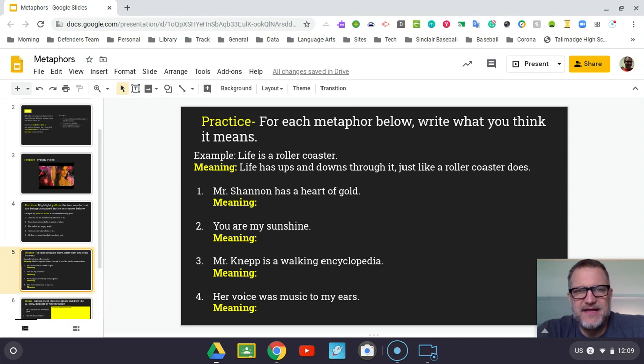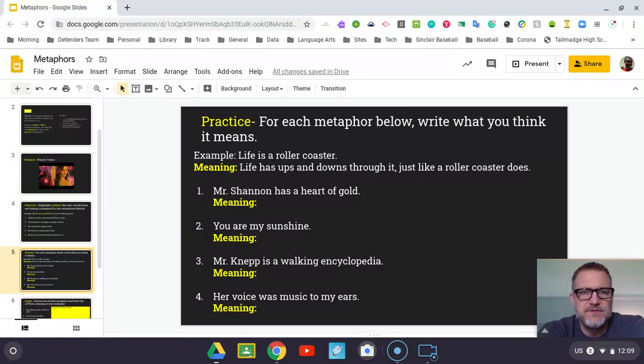This time, instead of highlighting what is being compared, we want you to say what you think the sentence means. For example, life is a roller coaster. If somebody says that, what do they mean? Well, life has ups and downs, just like a roller coaster does. Again, the 2 things being compared there are life and a roller coaster.